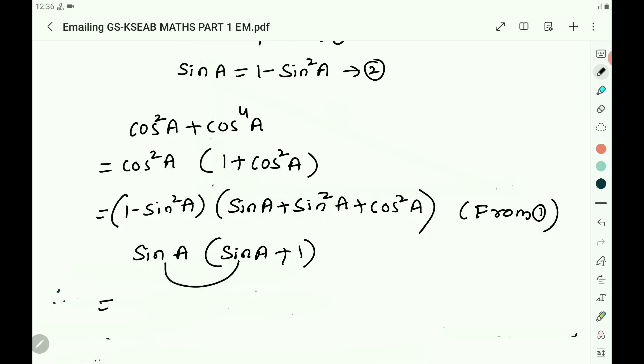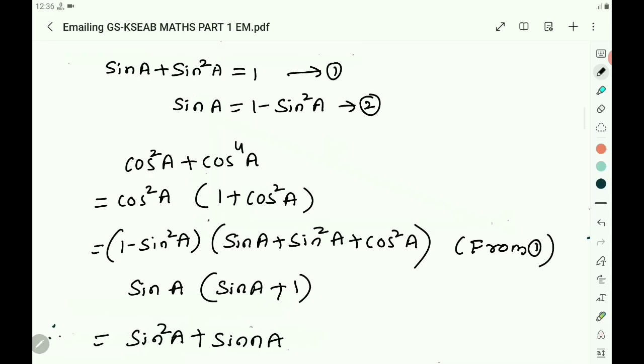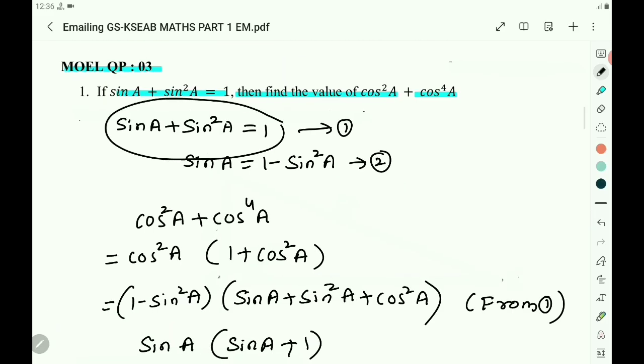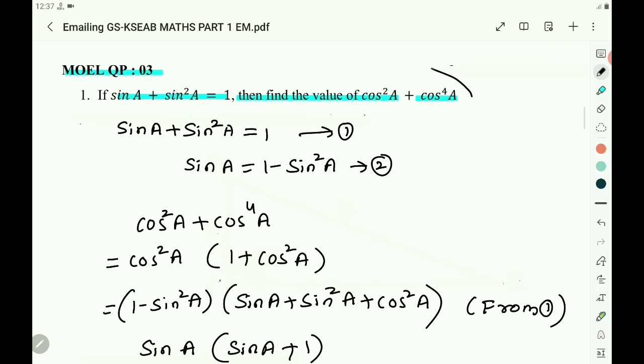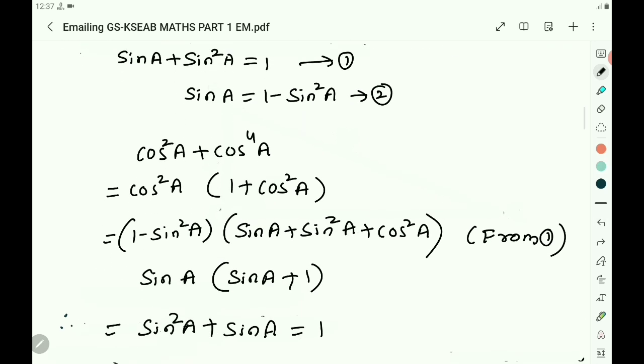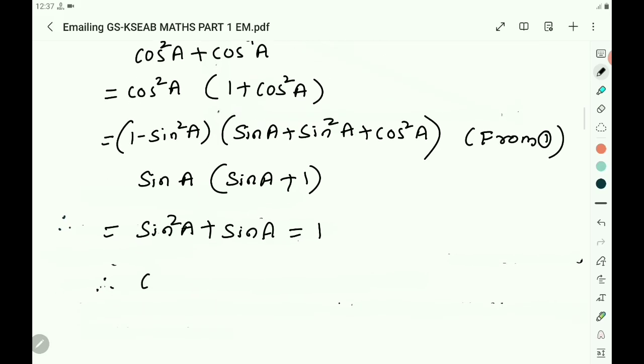Sin into sin is sin square A, plus sin into 1 is sin A. You got sin A plus sin square A, that is equal to 1. You got the value. Therefore cos square A plus cos power 4A is equal to 1.